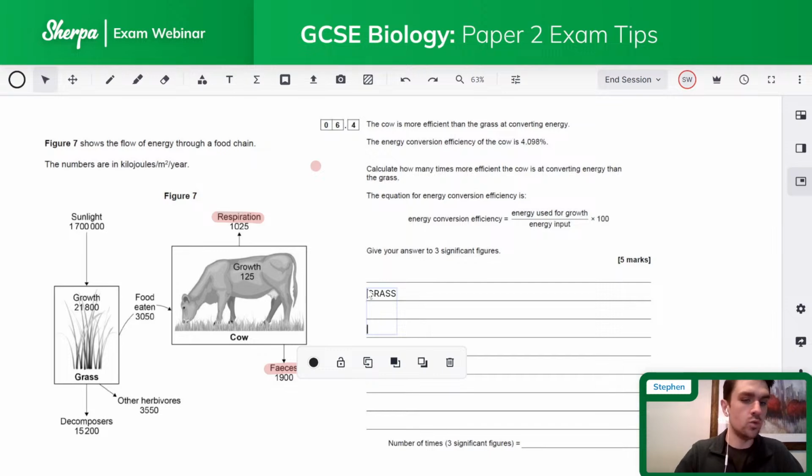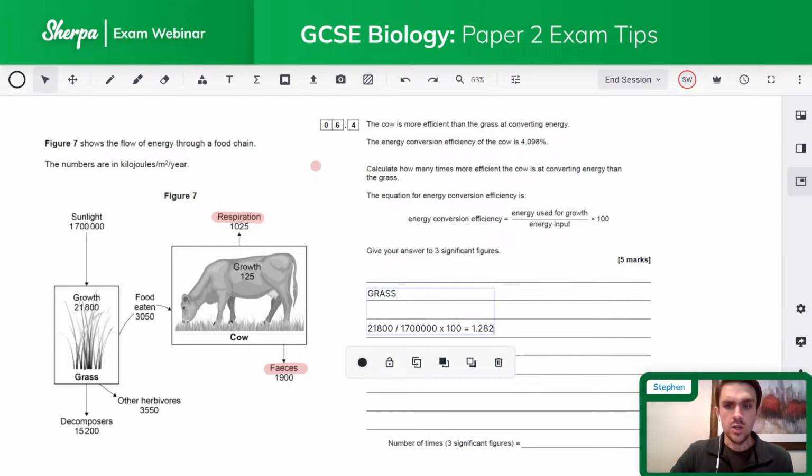First of all, we can take 21,800, because that is the energy here that is being used for growth by the plant, and divide that by the energy input, which is 1,700,000. And then we can times all of that by 100 to give us a value of 1.282. So we can see that our value for the grass is 1.282 compared to 4.098 for the cow.